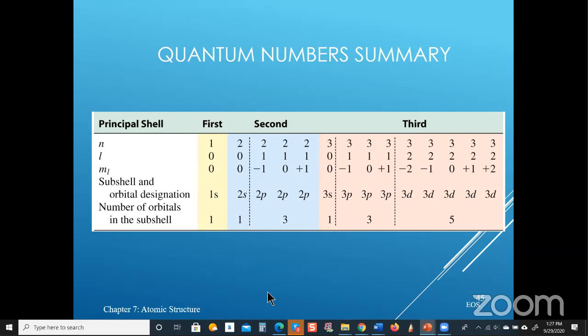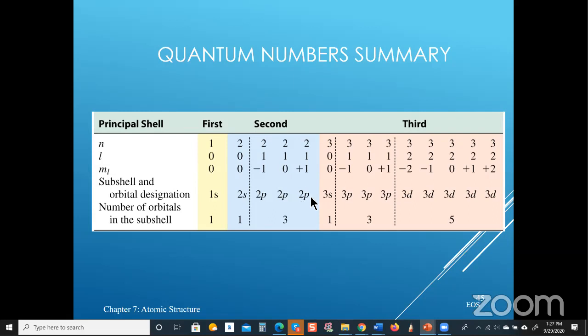Now for n equals 2, there are two possible values of L: 1 and 0. For the L equals 1 sublevel, you have 3 possible values of ML, which are minus 1, 0, and plus 1.